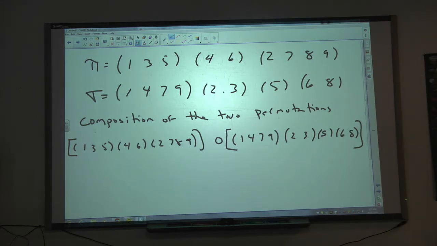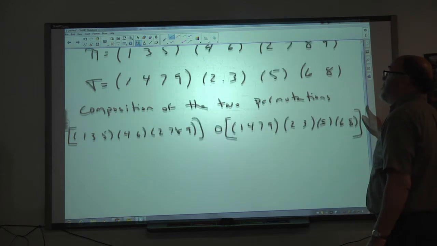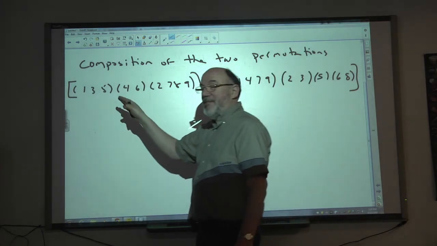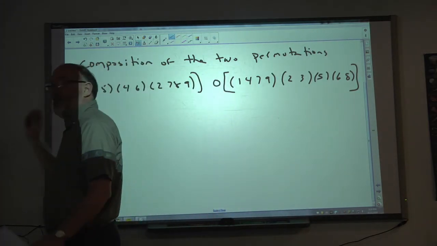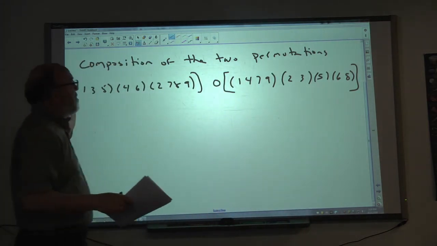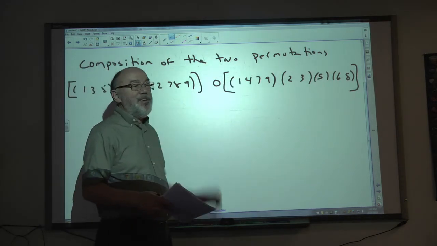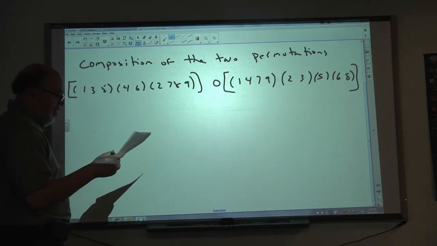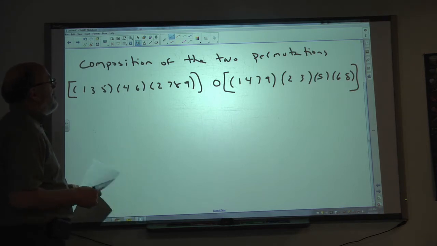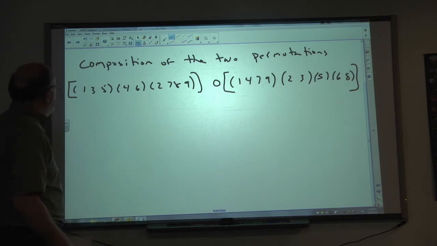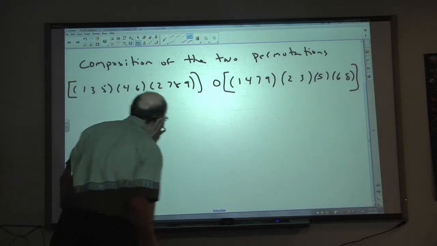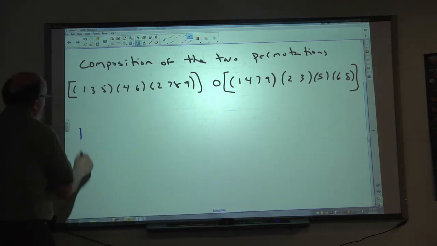I'm going to start with this one, and we're going to see how it happens when we map it out to this one. So we're going to work our way through and see how things work out. So we start with the 1.